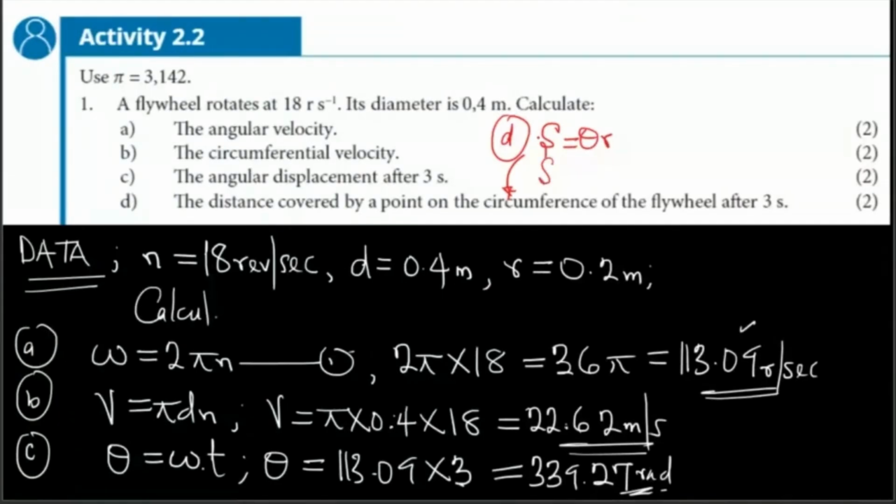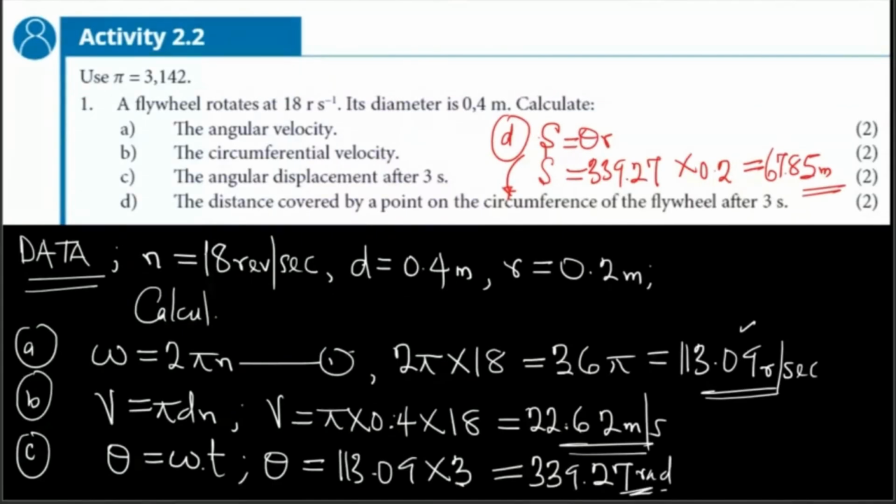So the distance is equal to the angular displacement we calculated, 339.27, multiplied by the radius, which is 0.2. It's going to give us what, Linda? 67.85. So this is 67.85 meters. This is the solution to that.